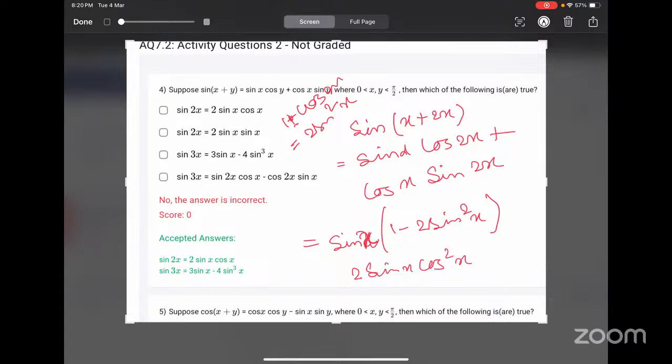Then if I multiply, we will get sin x minus 2 sin cube x plus 2 sin x cos square x. Okay, cos square x is 1 minus sin square x. Yeah. So sin square x plus cos square x is equal to 1. That means cos square x will be equal to 1 minus sin square x. Okay.